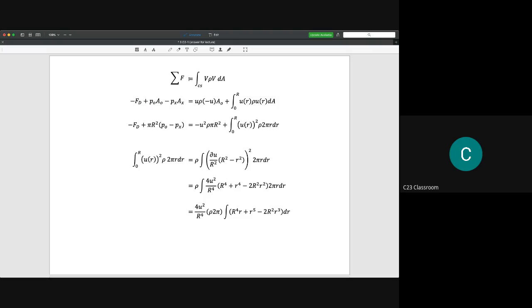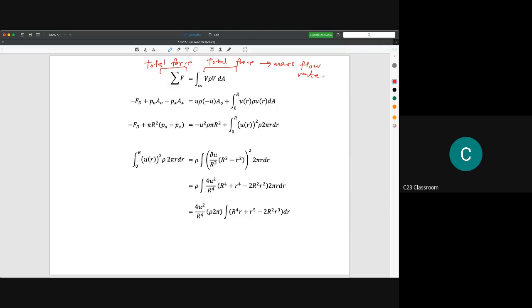You could read this equation as the total force, and this is also the total force, but not caused by the mass flow rate.